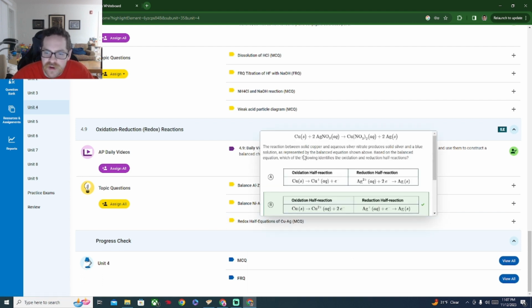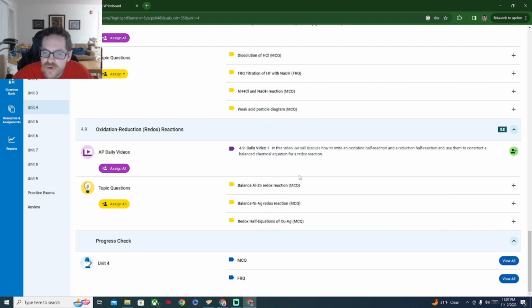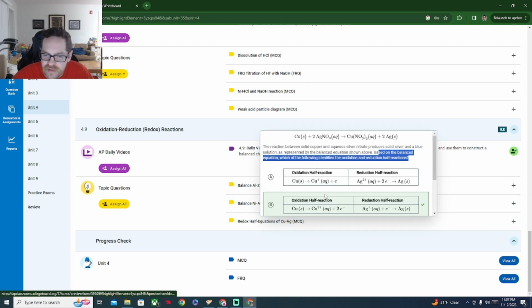And with this one, it asks for, based on the balanced equation, which of the following identifies the oxidation and reduction half reactions? So copper here, right, is normal copper, and here we see it's copper 2+ because it's mixed with 2 1 minuses, right? We have silver with a 1+ going to silver, plain old silver.